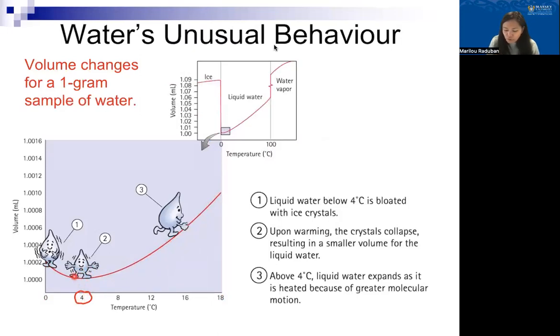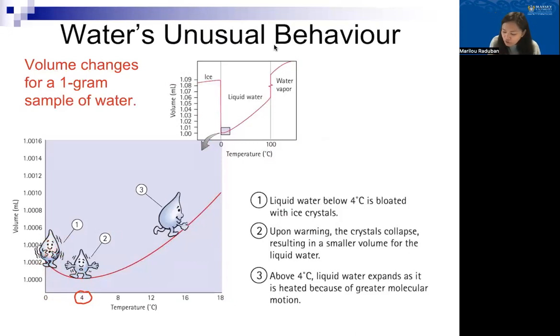We can explain that by looking at the ice crystals that are formed as water freezes into ice. Below 4 degrees Celsius, water starts to freeze, and ice crystals start to form. The ice crystals have a bigger volume compared to the water molecules.